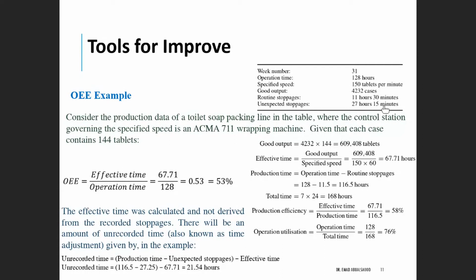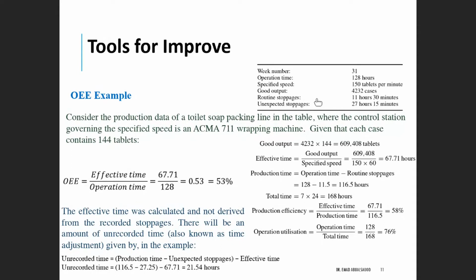Now to get the OEE, we need to find first the good output in terms of tablets, not cases, because here the good output was given by cases. We want to measure for every tablet, because the operation works in terms of the tablets unit, as the specified speed was for the tablet.